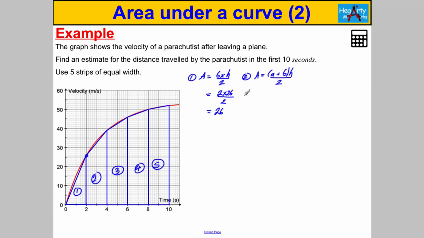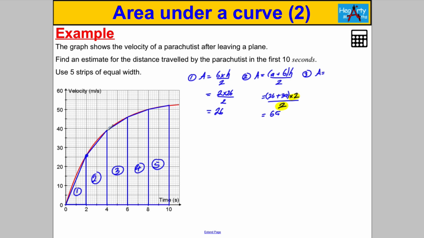So this height here is 26. We're adding to it this height here, which looks like it's 39. We're multiplying by the distance apart, which is 2, and then we're dividing by 2. In effect, this multiplying by 2 and dividing by 2 cancel each other out, and we're effectively just adding these, and we'd get 65.